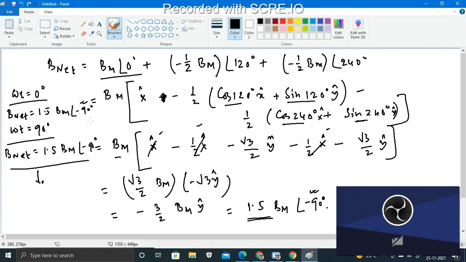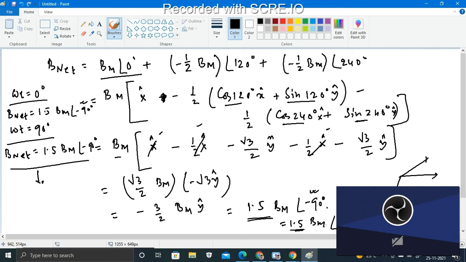It may happen that the value will come 1.5 Bm at an angle 0 degree when omega t equals 90 degree due to some vector representation. But whatever the direction, the magnitude should be unchanged. So magnitude has to be constant.